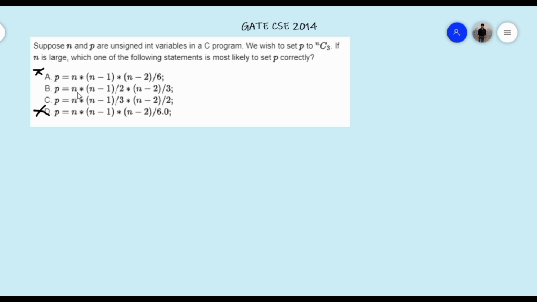And if n is an odd number, n minus 1 will be even. In both cases, even into odd is always even.